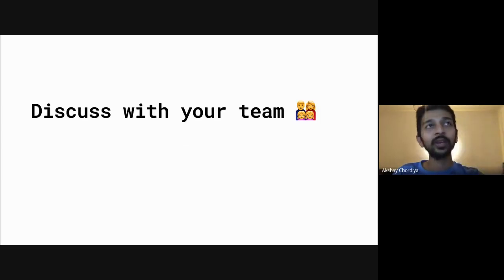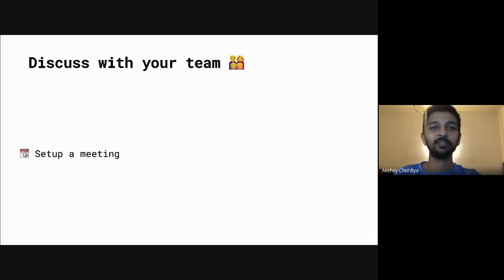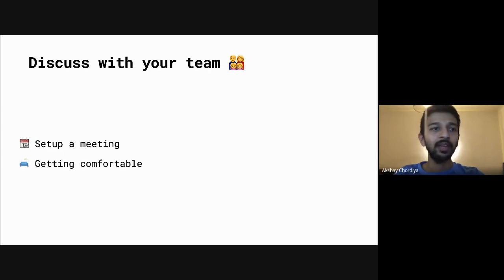Start off with setting up a meeting with the team and list all the possible alternatives like RxJava 2, 3, or Flow, and discuss the pros and cons and advantages of all options. It's also best if the team gets to try out the alternative which you're planning to go ahead with. This might include doing a small sample app, giving an internal presentation, talks, articles, anything, so that everyone is on board and comfortable.